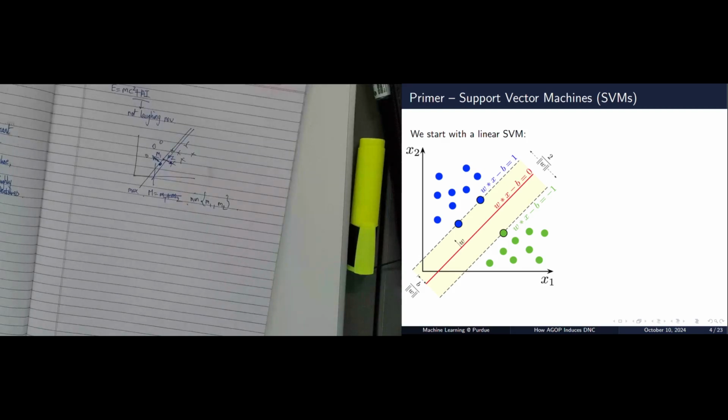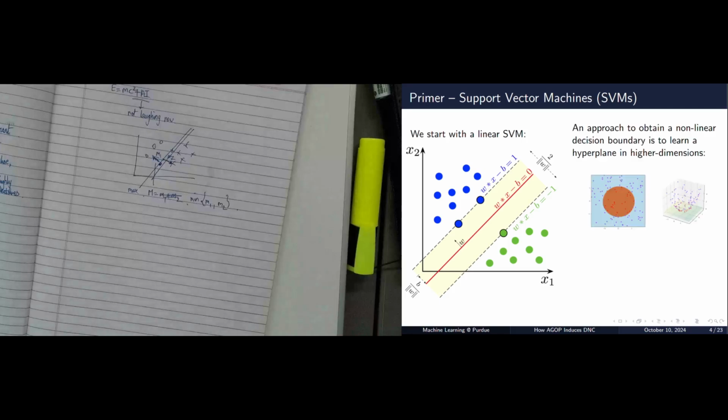And we run into a problem when we have data that is either not separable linearly or just more than 2 dimensions. And the solution for that is basically to use a hyperplane.